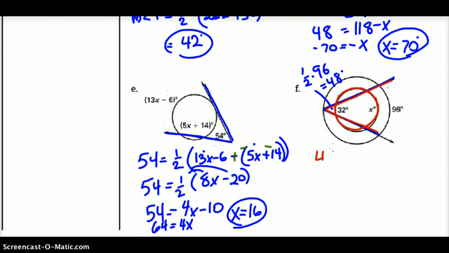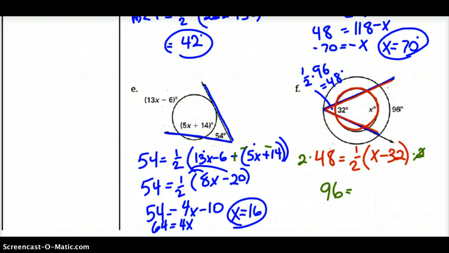I know the angle is 48, 1/2 the big arc, which is x, minus the smaller intercepted arc. This would be a great one to, again, multiply both sides by 2 to clean up that 1/2. So I get 96 equals, this cancels that, so I get x minus 32. Add the 32 over, and x has to be 128.